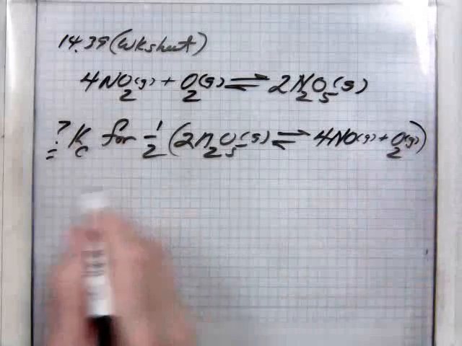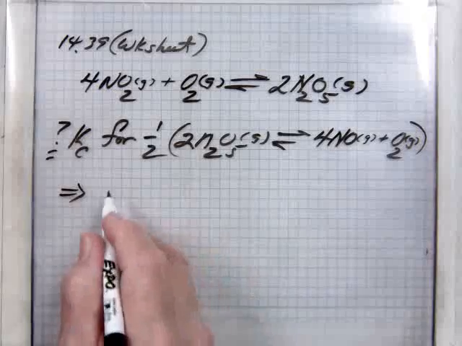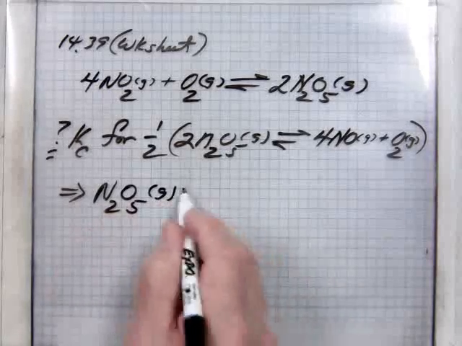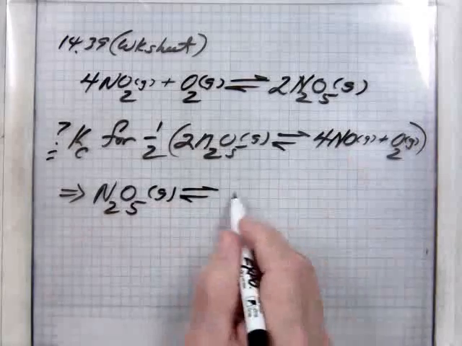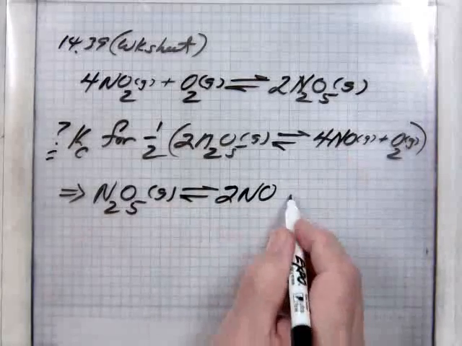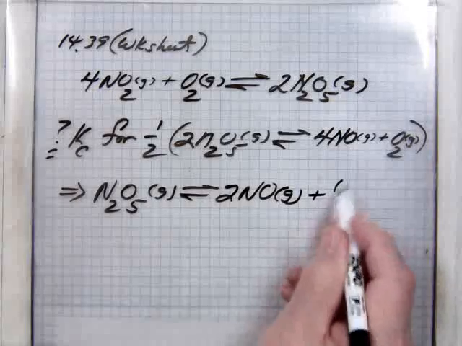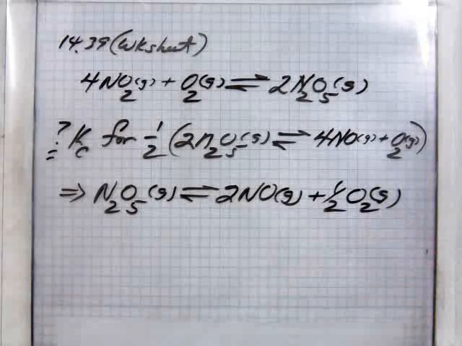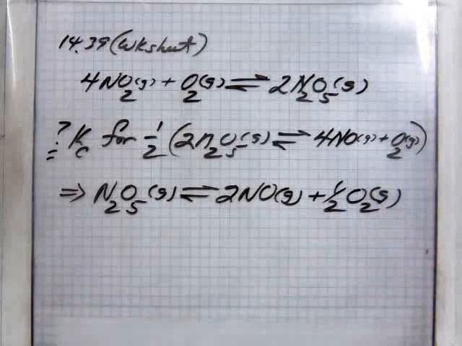That would give us N2O5 gas in equilibrium with 2NO2 gas plus 1/2 O2 gas.